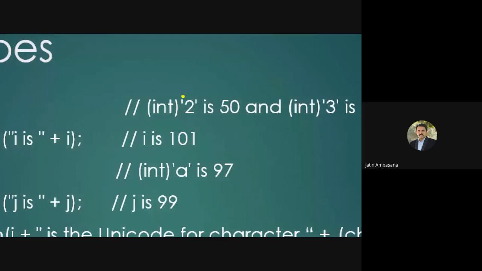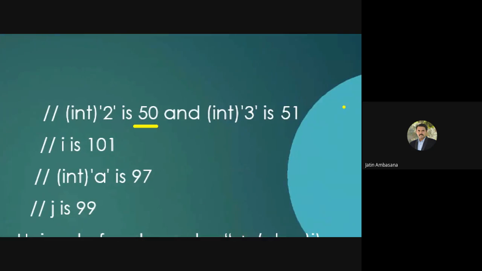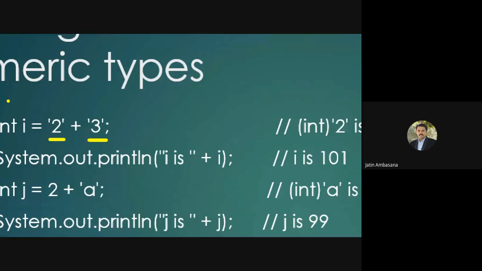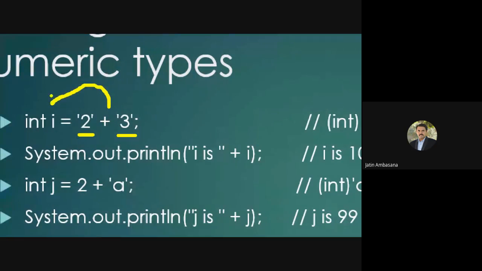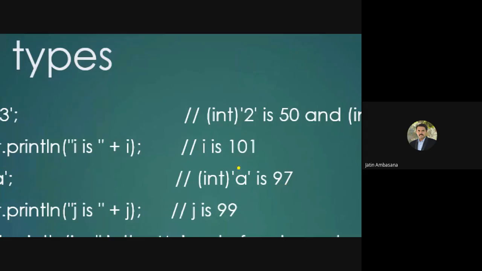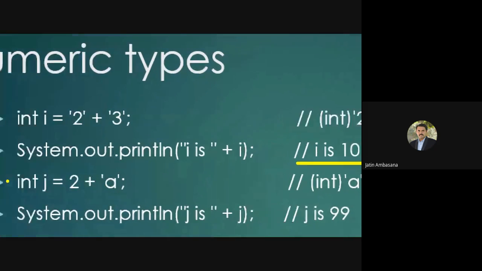If you take character 2, that is basically value 50 and 3 is value 51 if you convert it into an integer. So 50 plus 51 happens and 101 gets allocated to this variable I. So you get to see the value is 101.